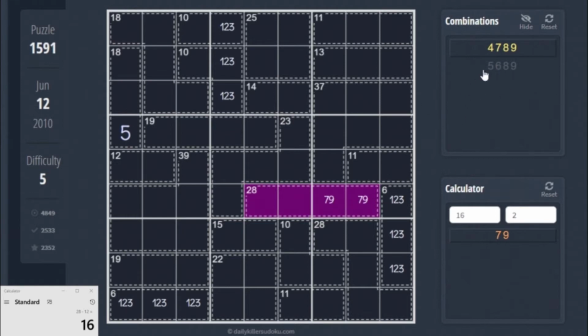Since 7 and 9 is already used, there are other combinations like 4 and 8 that haven't been used, so we're going to put those in those two cells, right? 4, 8, 7, 9. There's not much information we can use.